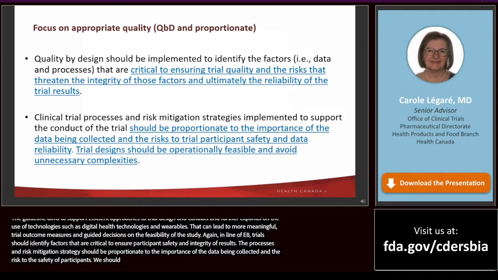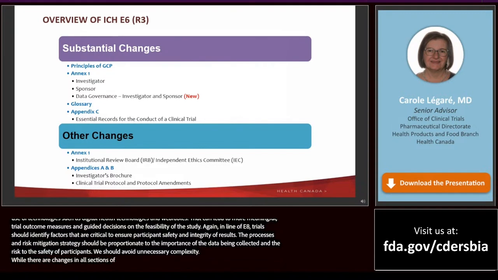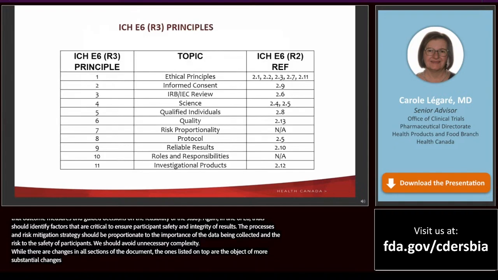We should avoid unnecessary complexity. While there are changes in all sections of the document, the ones listed on top were the object of more substantial changes. Here's a table relating the revised principles to the sections of E6R3.